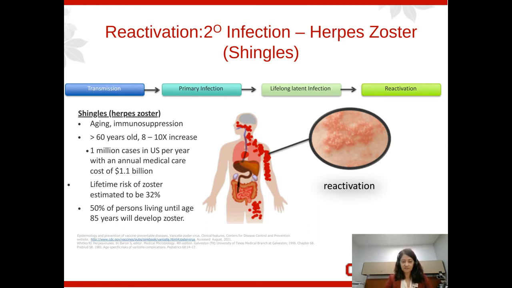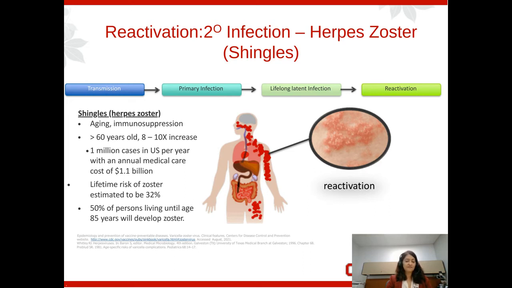Now, talking about shingles, which is reactivation of the herpes virus, it is generally seen in aging or immune suppression. It's not necessarily true that it's only related to old age. In the aging population, greater than 60 years old, there is an 8 to 10-fold increase. There are about 1 million cases a year, as we discussed previously, and that obviously leads to a lot of healthcare costs.